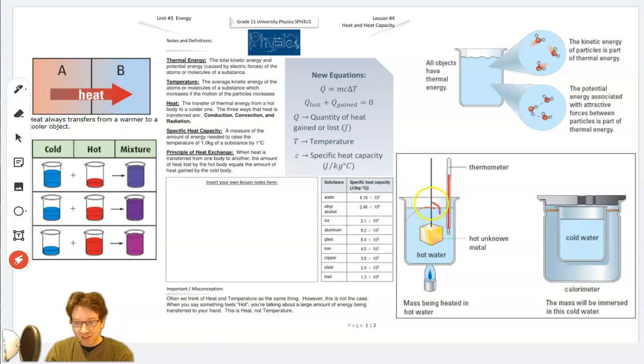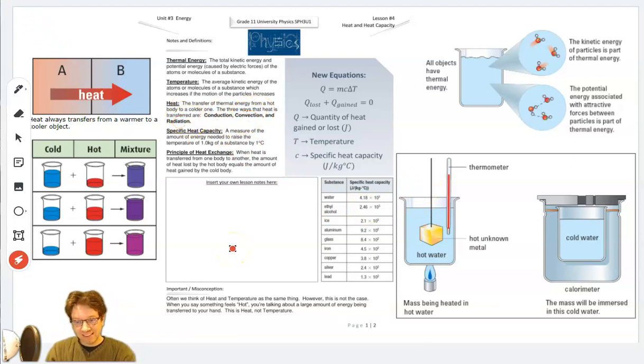That creates these currents we call convection currents. And lastly, radiation. If you go outside on a nice sunny day, you can certainly feel there's a transfer of thermal energy there from the sun. It feels warm. So 3 ways to transfer thermal energies.